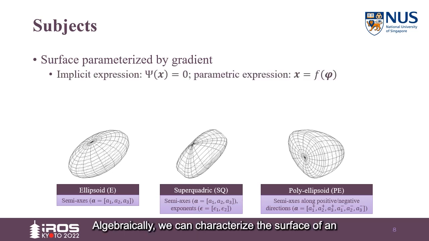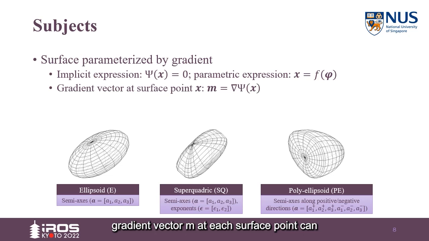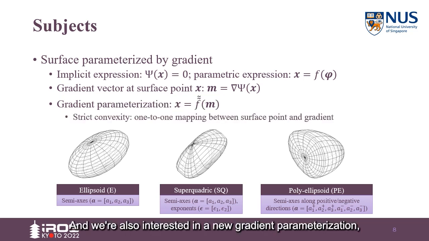Algebraically, we can characterize the surface of an object by its implicit and parametric expressions, and the gradient vector at each surface point can be computed by taking the derivative of the implicit expression with respect to the surface point. And we're also interested in a new gradient parameterization, which is the inverse function of the gradient expression.